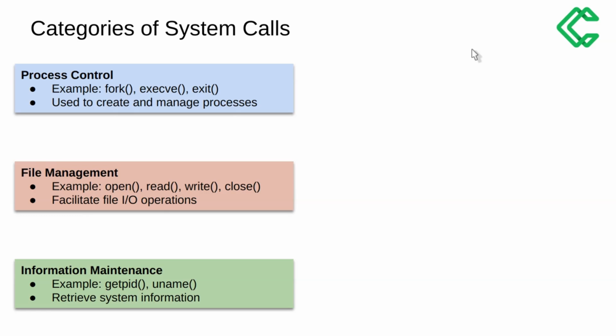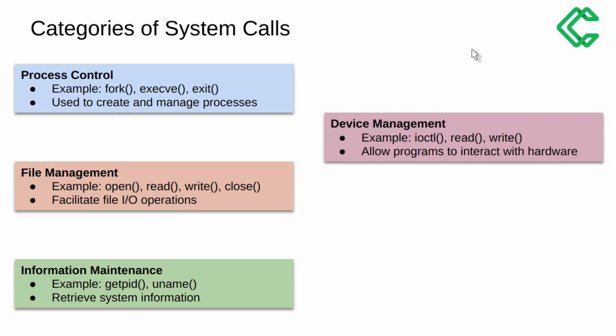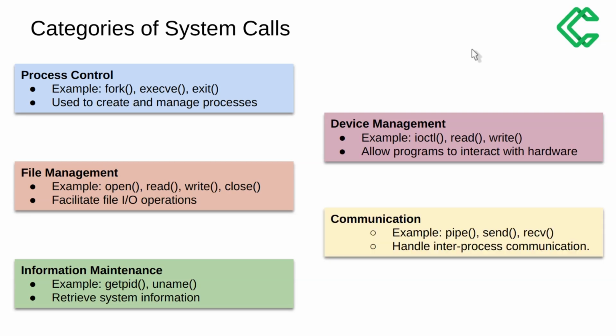Information maintenance related system calls, for example, getpid, uname, and related system calls, they help us in retrieving the system information. Device management related system calls like ioctl, read, write, these calls allow programs to interact with hardware. And communication related system calls like pipe, send, receive help us to handle interprocess communication and network communication.